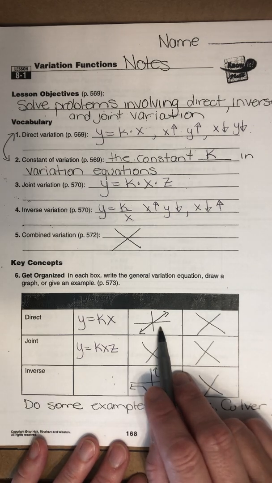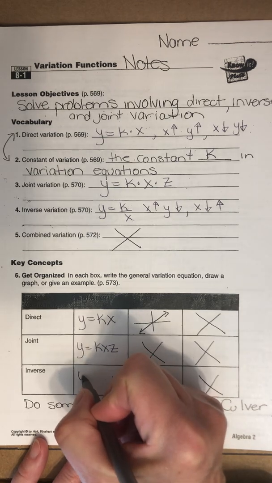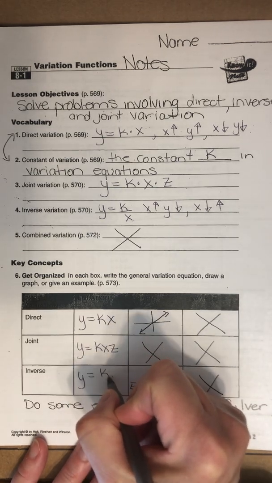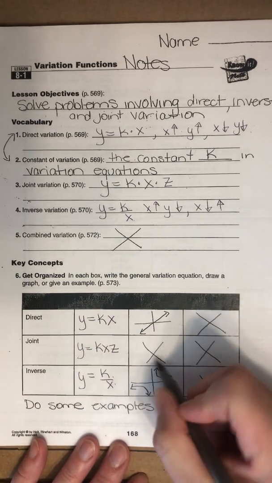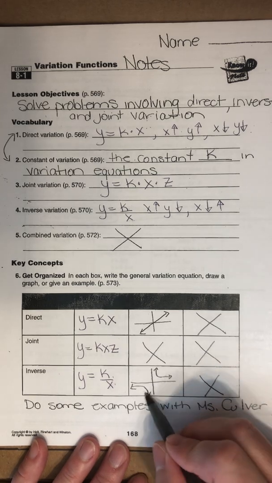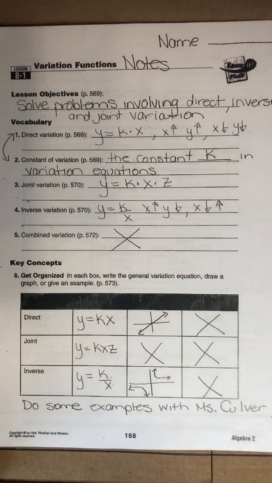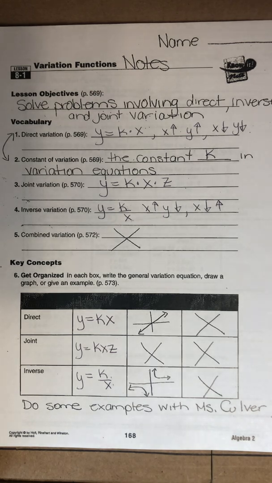Inverse variation, again, is y equals k over x, and that would actually have the look of these two nice curved branches. It does say do some examples with Miss Culver, so we'll just do a couple of those.